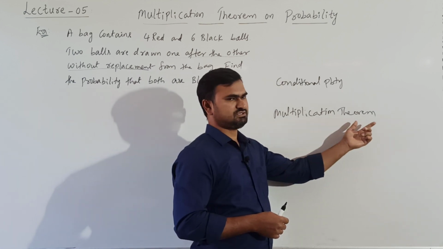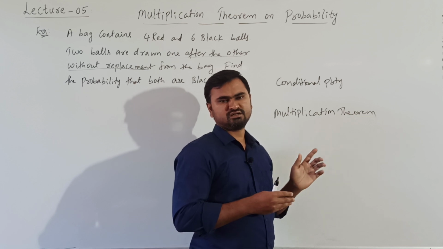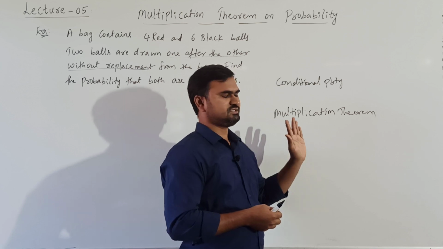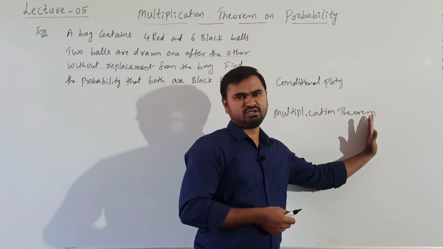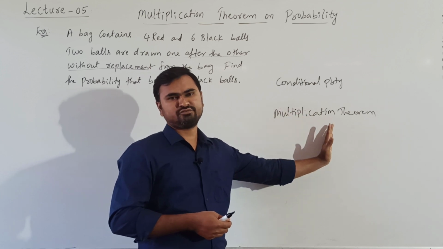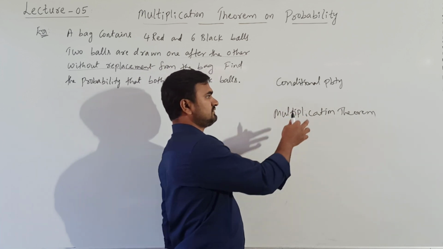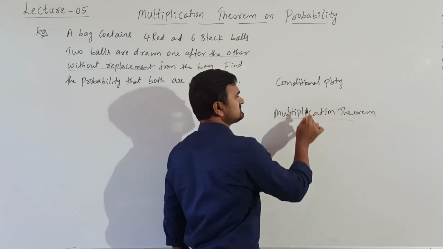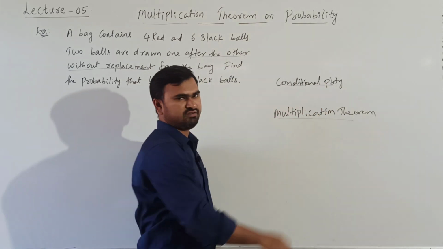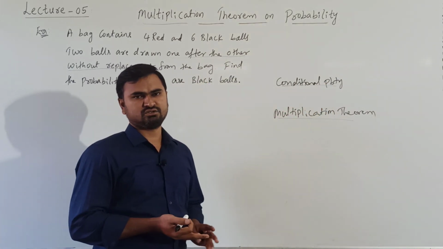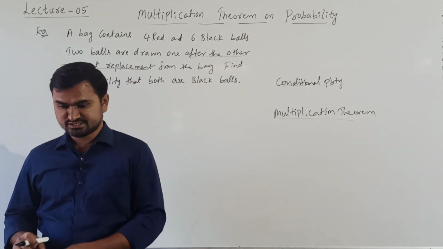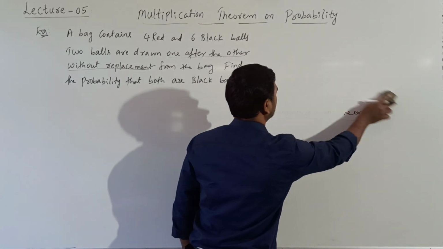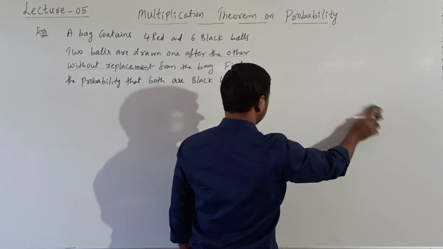Whereas the multiplication theorem is used for finding the probability of simultaneous occurrence of two events, that is, the occurrence of both the events A and B, or both the events E and F. Here we are finding the occurrence of both events, while there we find one event knowing another has already occurred. You have to clearly understand the difference between these two. So here we have to apply the multiplication theorem.